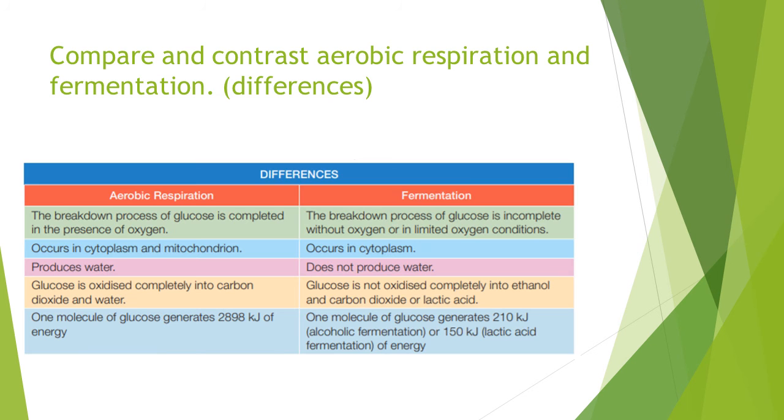Okay, now the differences between these two. The differences, you have to mention both sides. Okay, how to make the sentence. Aerobic respiration is the complete breakdown process of glucose in the presence of oxygen, whereas fermentation is the process where the breakdown of glucose is incomplete, without oxygen or in limited oxygen condition.